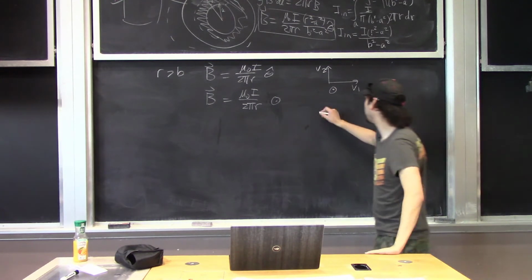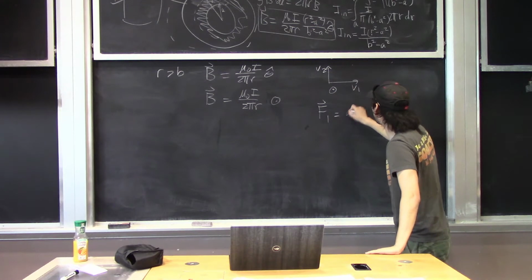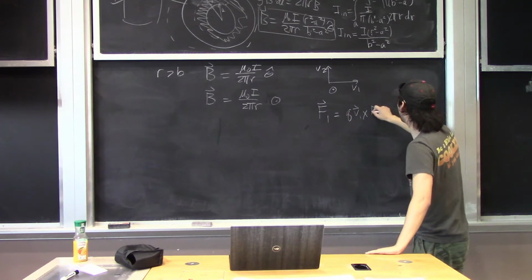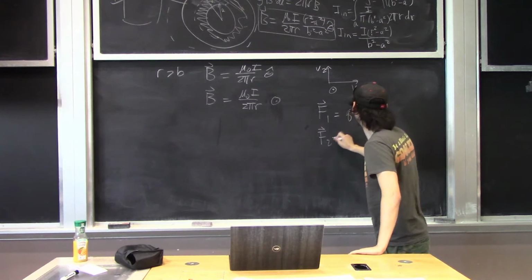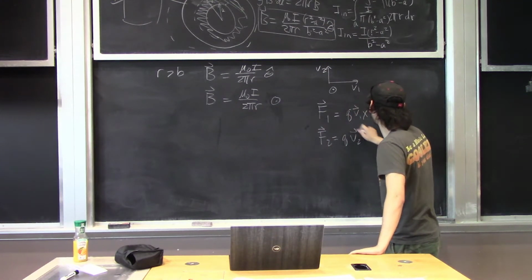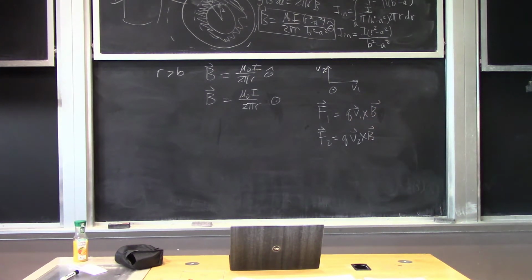So we can write this as F1 is going to be equal to Q V1 cross B, and F2 is going to be Q V2 cross B, and then just evaluate these cross products, right?